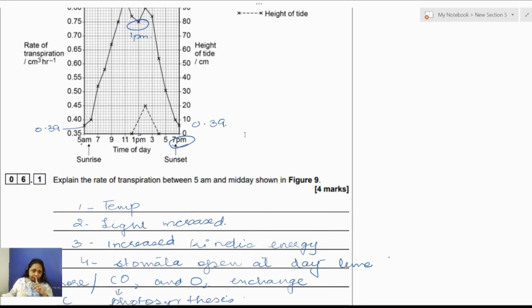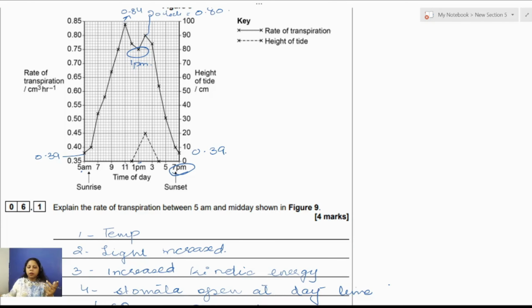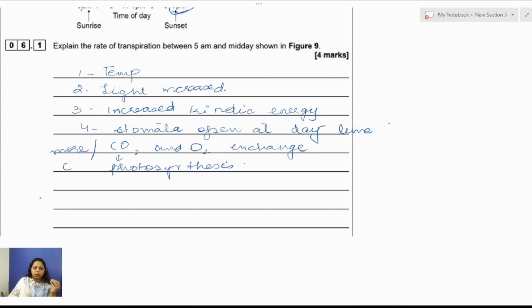Then at 11 a.m., so it's not 11, it's 1. Okay, here where the rate is low, it's 1. Yeah, after 11 a.m., or you can say 1 p.m., the rate is low because the stomata close to conserve water, to reduce transpiration.